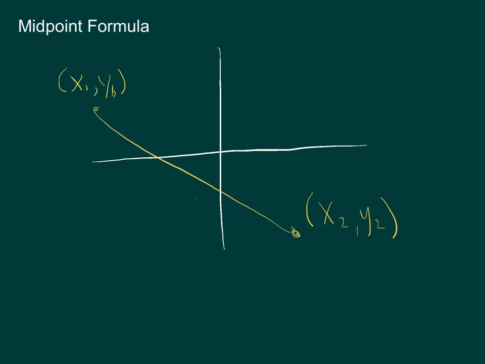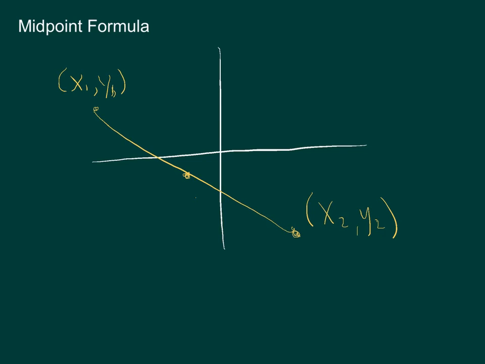Okay, the last formula is probably the easiest of all the ones in this video, and it's the midpoint formula. So let's say I've got a segment that joins two points, x1, y1, and x2, y2, and I want to find the midpoint of it. And so the one way of thinking about it, well, the midpoint is halfway along this segment.